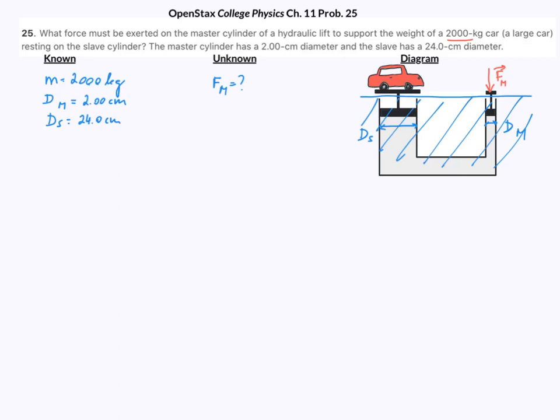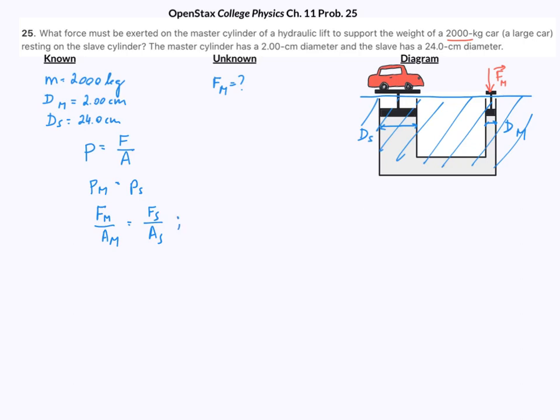All right. So we know that the pressure is distributed uniformly everywhere in the fluid. So what that means is that the pressure here has to be equal to the pressure there. But by definition, pressure is force divided by area. So the pressure at the master, which has to be equal to the pressure at the slave, is going to be force at master divided by area master, and that's going to be equal to force slave divided by area slave.